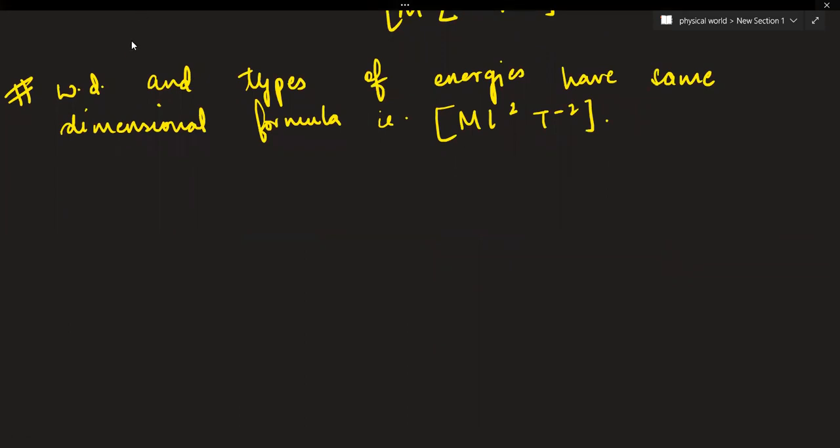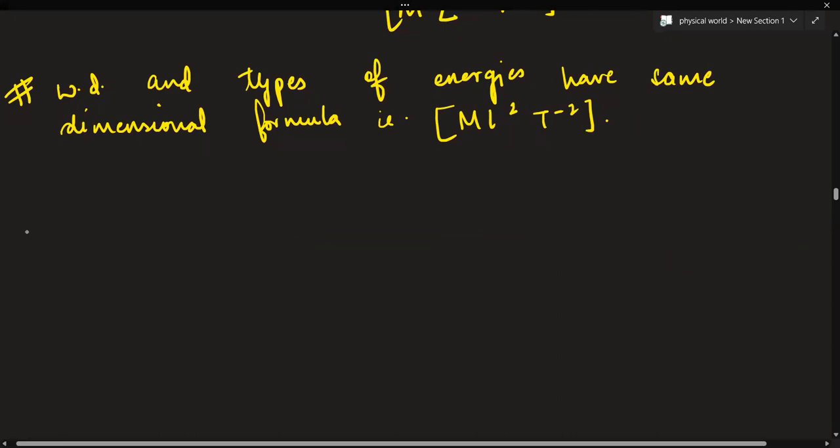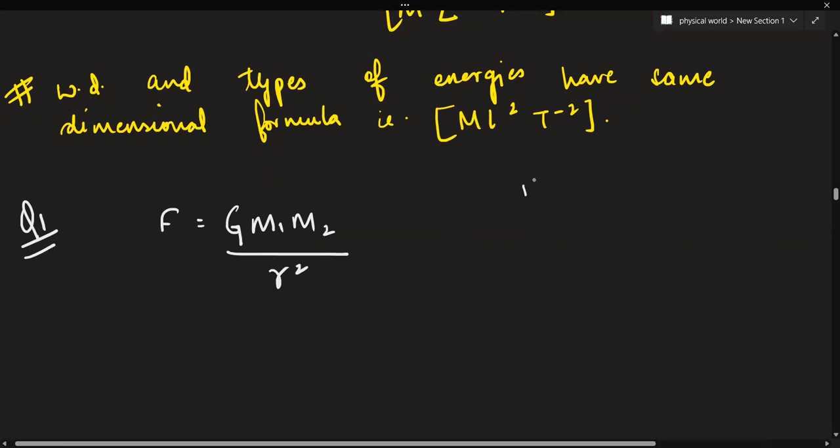And see, when you'll be dealing with gravitation, gravitation is included in your NCERT chapter 1 only. So there you will see the gravitational force formula. F equals capital G, the gravitational constant, times mass 1, mass of the second body, divided by r square. So I'll write down what all these are.